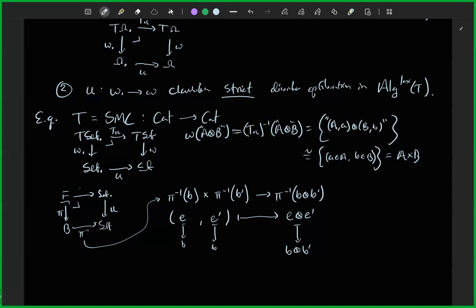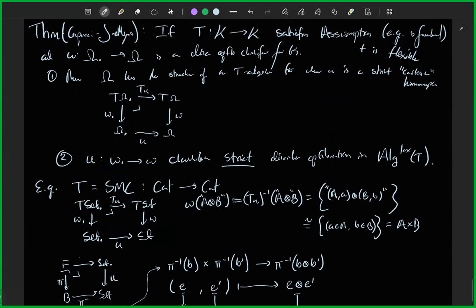And what you can see is that Set is not a strict monoidal category under times. But as you see, we had no choice of what to make for the algebra structure of Set. It has to be Cartesian product. So we only get a pseudo-algebra. In general, we only get a pseudo-algebra.